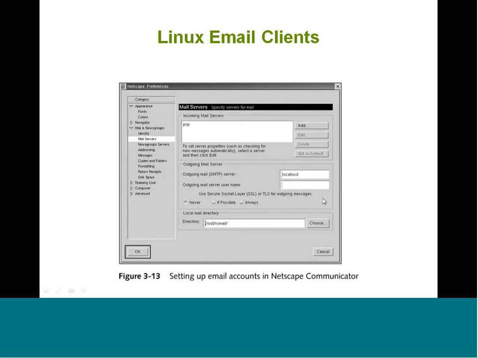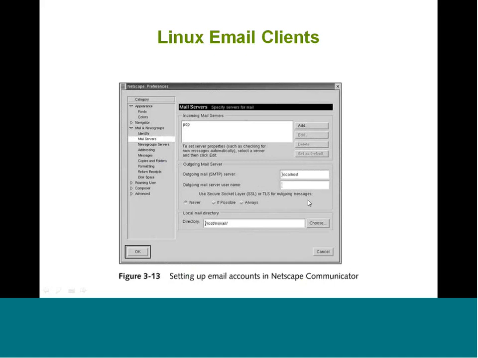Slightly more complicated, here is one setup using the Netscape Communicator. This is a somewhat old thing. Here again, it's a POP server, and you can just add it. The incoming is POP and the outgoing is an SMTP server.